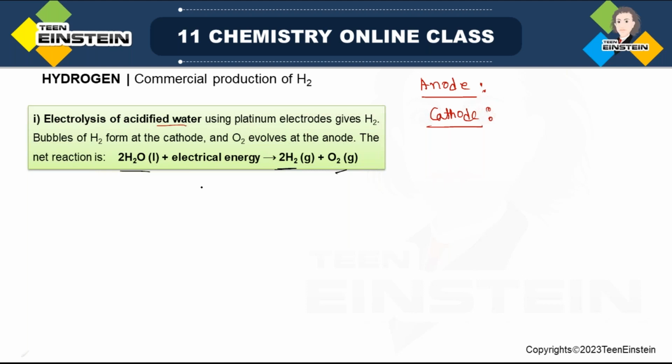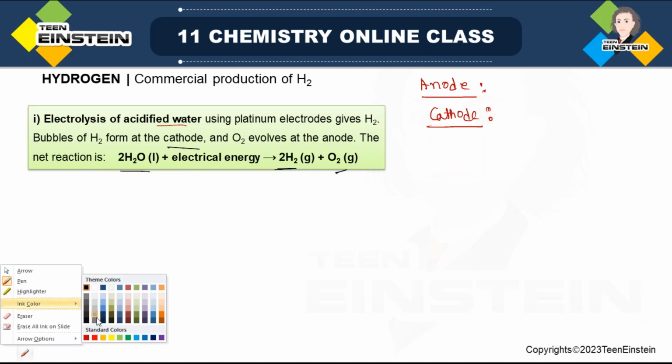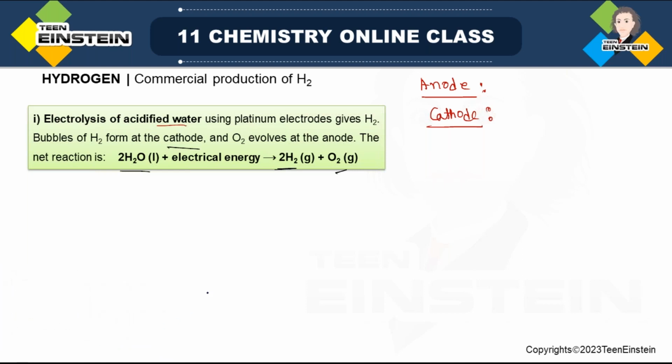Bubbles of H2 form at the cathode. This may be an important question. Suppose the question asks at which electrode hydrogen is formed, then the answer is that bubbles of H2 form at the cathode and O2 evolves at the anode. So this is important information.